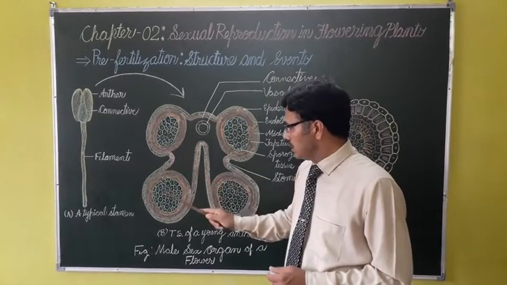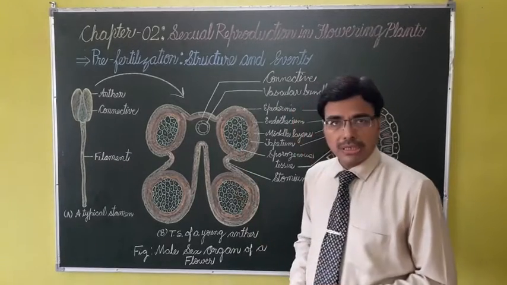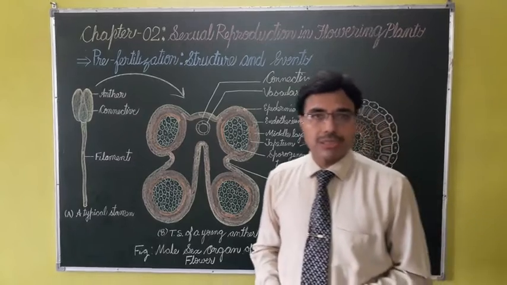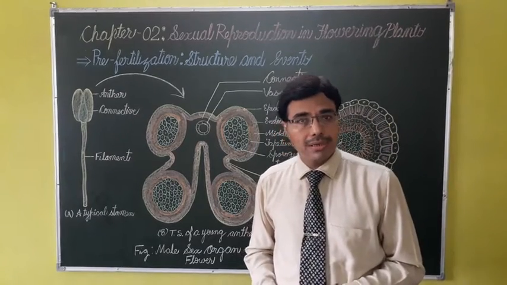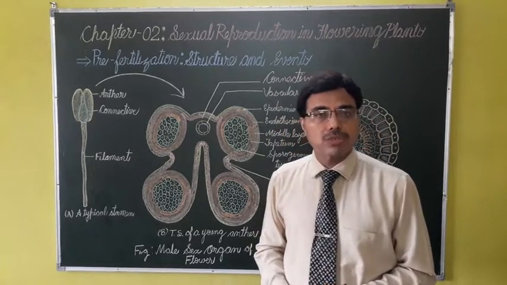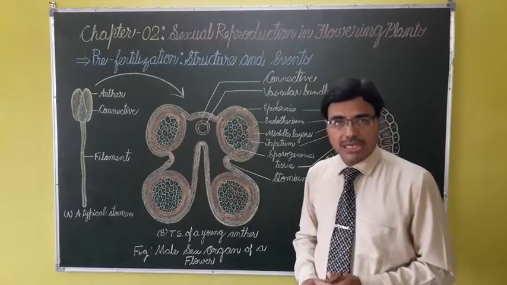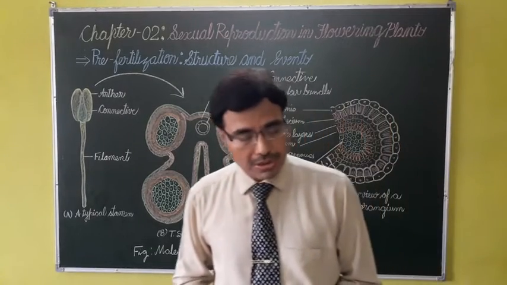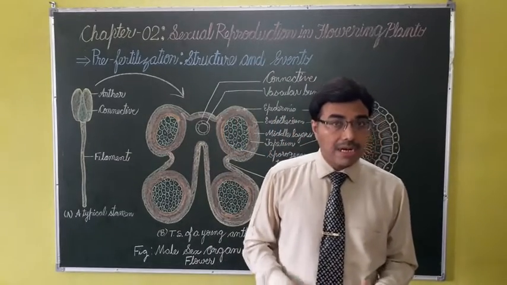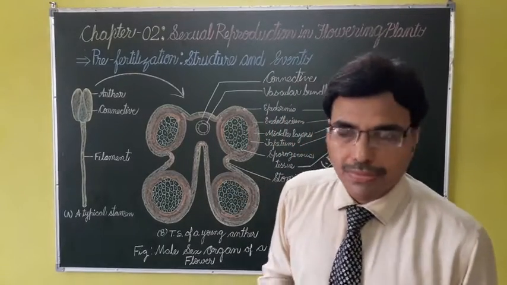This one, then second corner, third corner and fourth corner. These four corners actually have a sac-like structure which is called microsporangium. Singular is microsporangium and plural is microsporangia. Inside these microsporangia there is the formation of the microspores, which later on develop into the pollen grains. And inside the pollen grains, the male gametes develop.